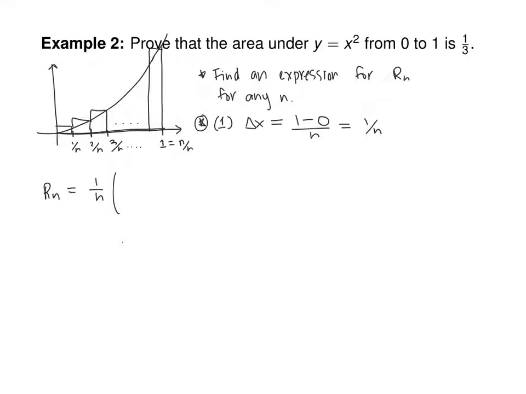And then how do I find the height of the first box? 1 over n squared. What's the height of the next box going to be? 2 over n squared. Great. On and on until you get to n over n squared. And that's one of those instances where it's actually easier to think about it as n over n instead of 1.